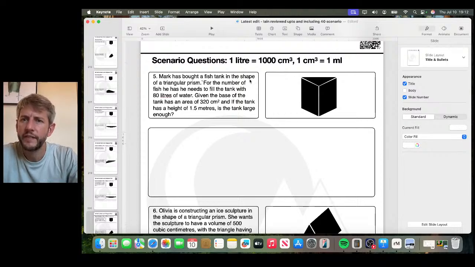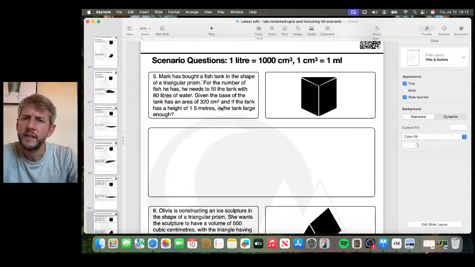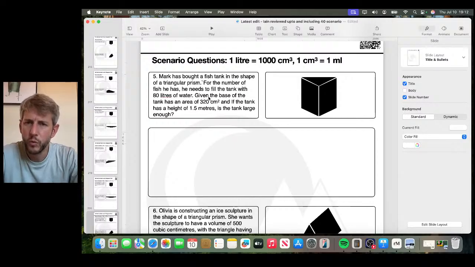Mark has bought a fish tank in the shape of a triangular prism. For the number of fish he has, he needs to fill the tank with 80 litres of water.